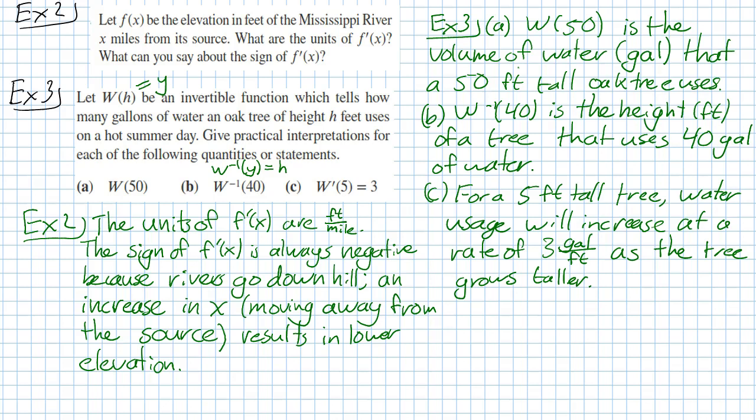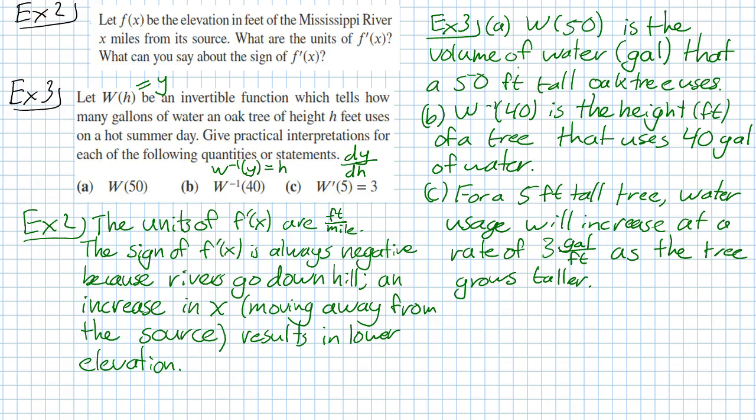And C is asking about W prime. So W prime represents a rate of change if we think of this as dy over dh, so it represents a rate of change in the water usage as h increases.